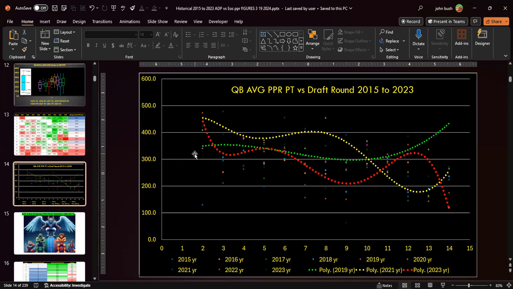And here's 2021. Look how far the plateau went, to round 8. So even where times have been good in 2021, you could have waited to the 8th round. Last year, the 6th round, after that, was starting to get risky.